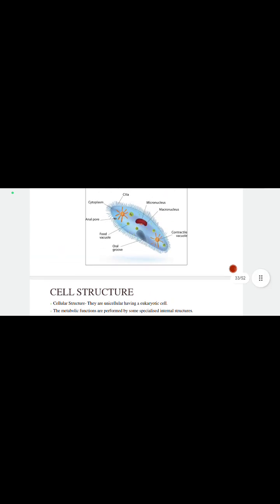Nuclei of apicomplexans have DNA, whereas amoebae have DNA in their endosome. Ciliates have a micronucleus and macronucleus. There are two types of nucleus. The micro is very small and the macro is a little bigger.